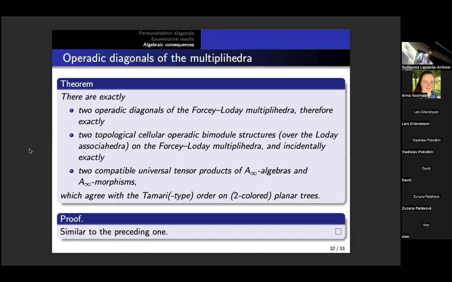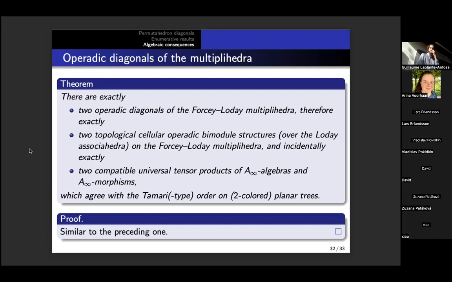For instance, in symplectic topology, some people are interested in making computations, taking such a tensor product and making computations with it. And what we're saying here is you have two choices. If you want a formula that works for any pair of A-infinity algebras and any pair of A-infinity morphisms, you need to take the one given by either of these two diagonals.